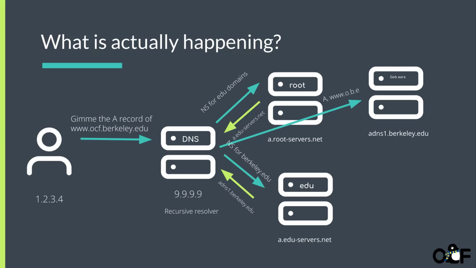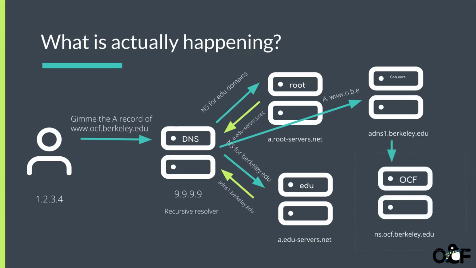So the dot domain is the top level name servers of the entire internet. So in order to figure out who to ask for edu, it first asks who to ask for dot. So that's another tidbit that's pretty interesting.